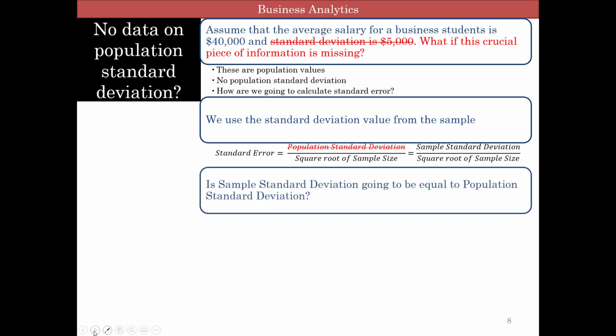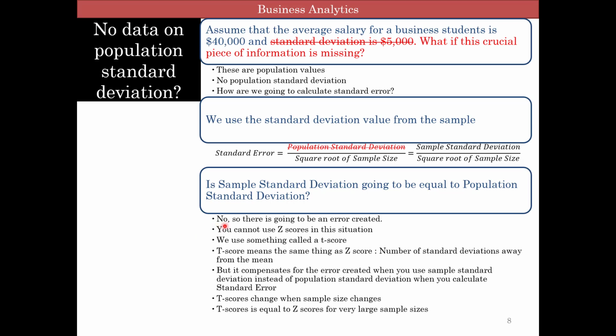This creates more problems because this sample standard deviation, while it may be close to population standard deviation if you select things randomly, is not going to be the same. So this creates another error. You're going to get another error, which is the difference between sample standard deviation and population standard deviation.